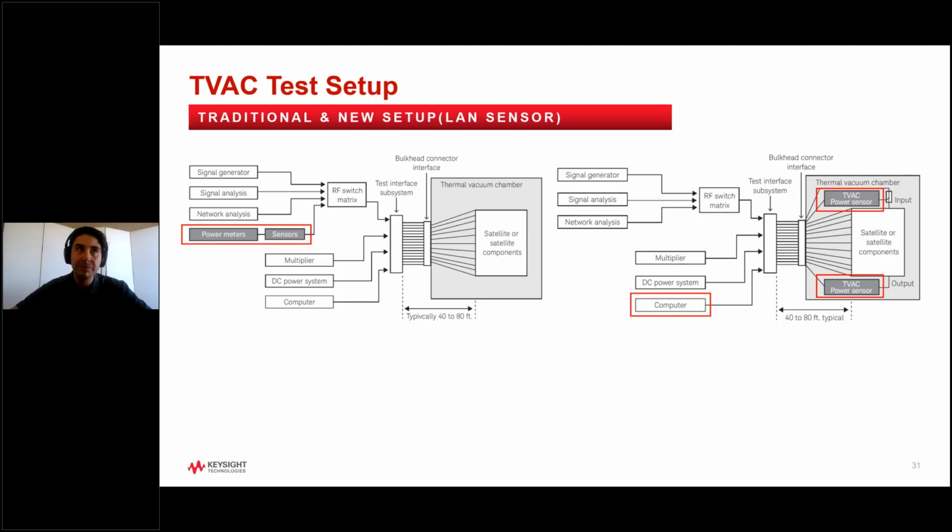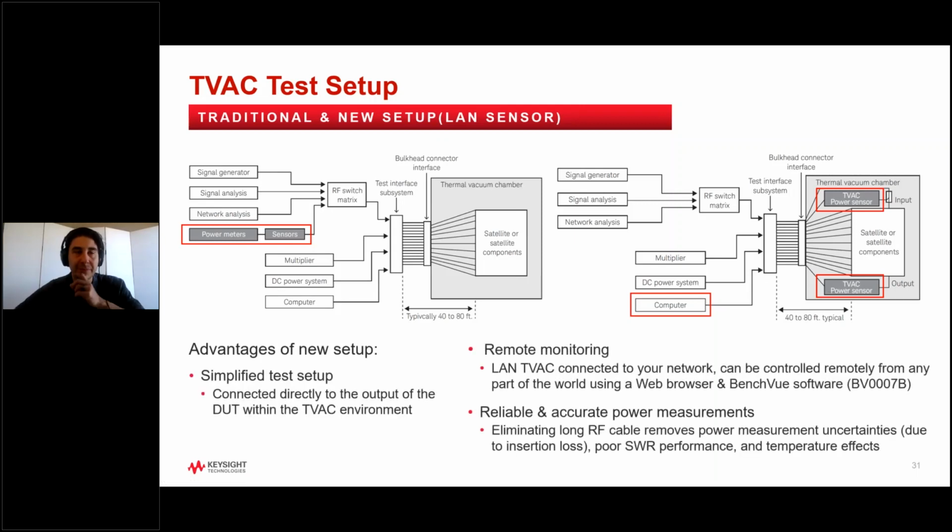And just as before, we would now leverage the power and the interface of BenchVue sitting on a computer that you'd already be using in your setup to control and monitor the TVAC sensors themselves. Our advantages, I think, stand out in simplifying your setup, as now you're connected directly within your environment.